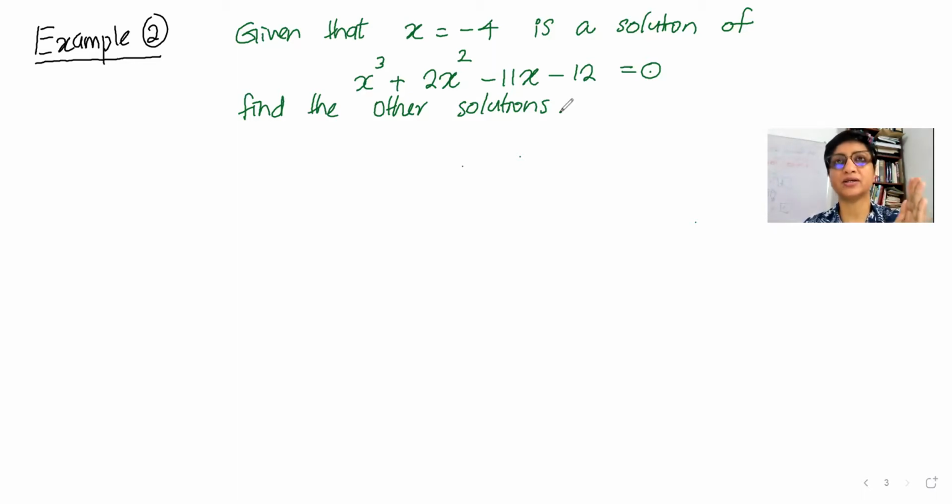Any polynomial. Can I explain? Yes, Malik, yes. Since x equals -4 is a solution of the polynomial we've been given, then we can make x plus 4 a factor. We put the 4 on the other side and it becomes x plus 4.